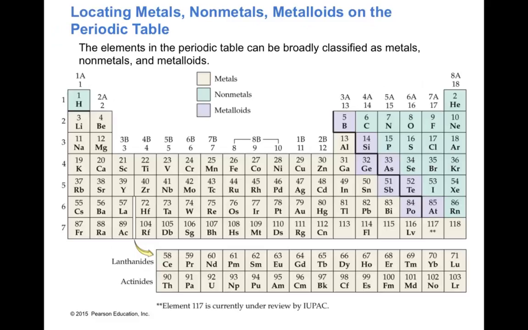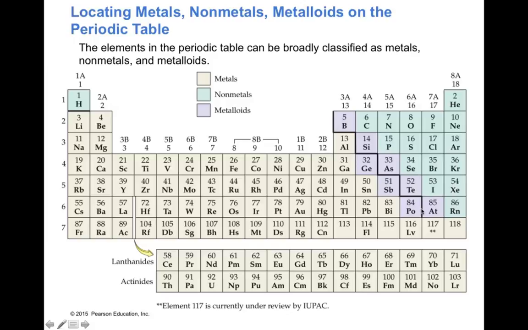So, the elements in the periodic table can be broadly classified as metals, nonmetals, and metalloids. Using the periodic table, we can identify each element as one of those groups: if it is a metal, a nonmetal, or a metalloid. For example, first of all, we can see here a black bold line, like a ladder.